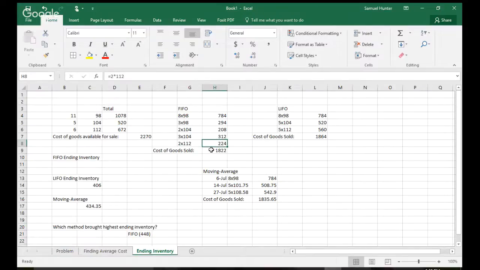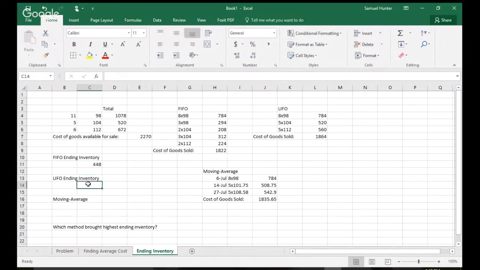The grand total of goods sold is all of these added up, equal to 1,822. Now to find the ending inventory of first in, first out, we take the cost of goods available for sale and subtract the cost of goods sold, which leaves us a FIFO ending inventory of 448.